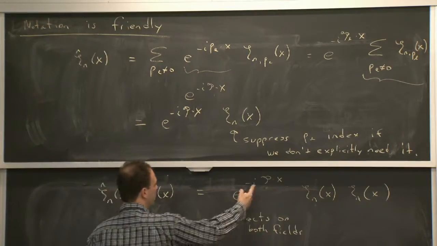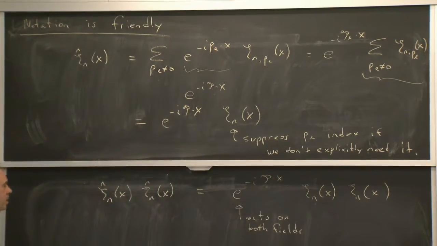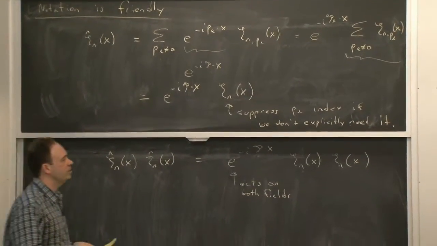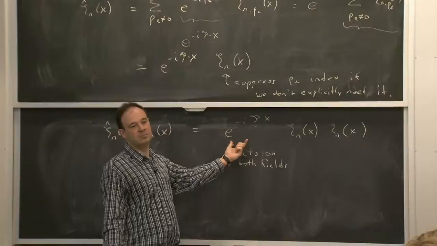And what this phase factor here is really doing for you, if you think about it on a whole product of fields, is that when you Fourier transform, it gives the label conservation.